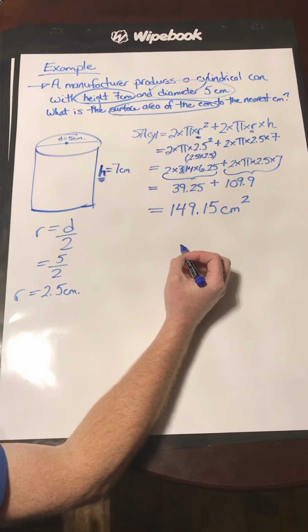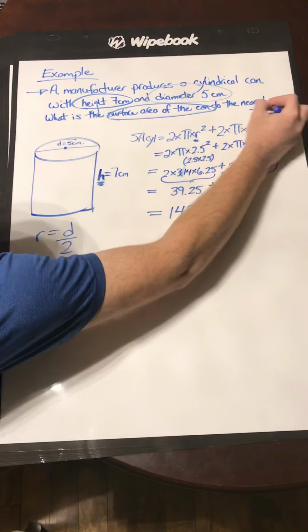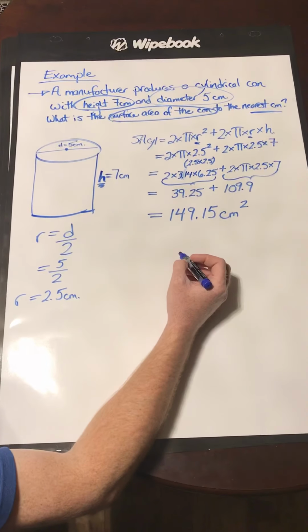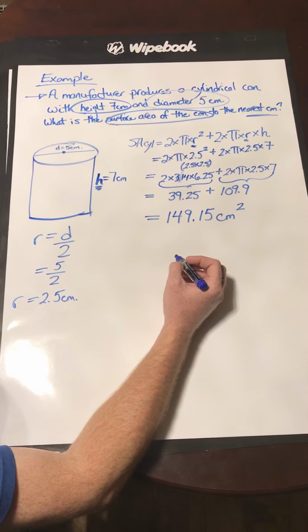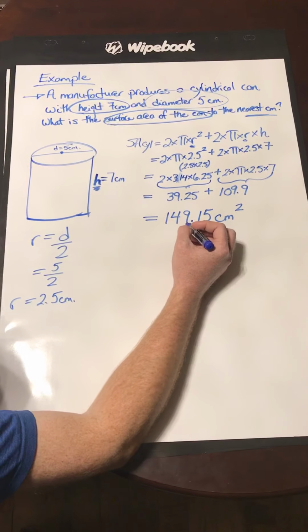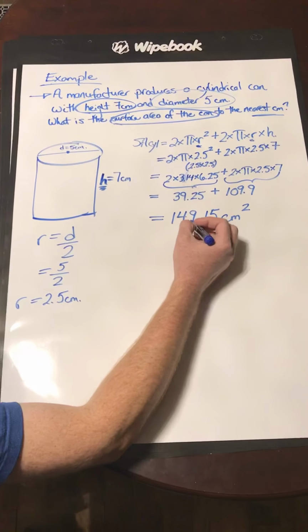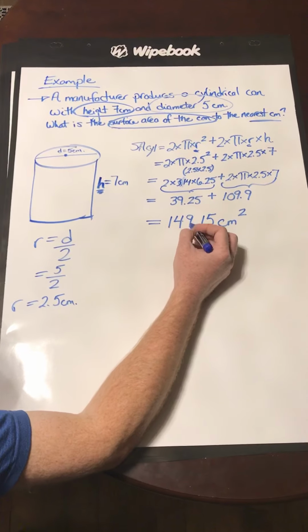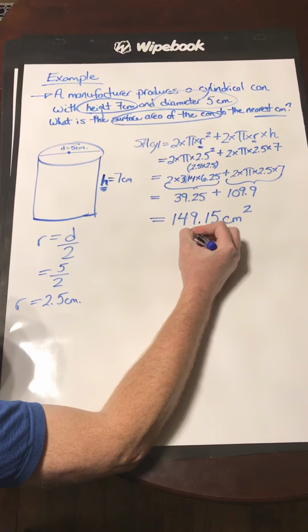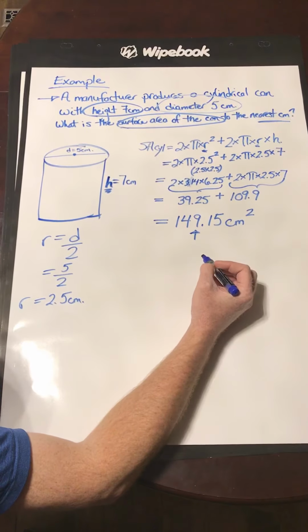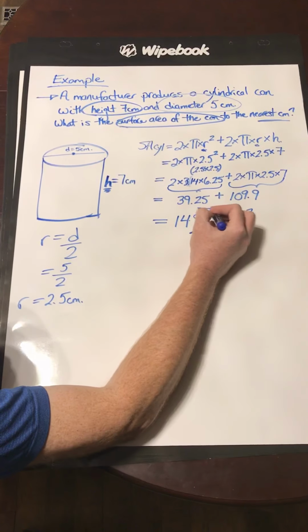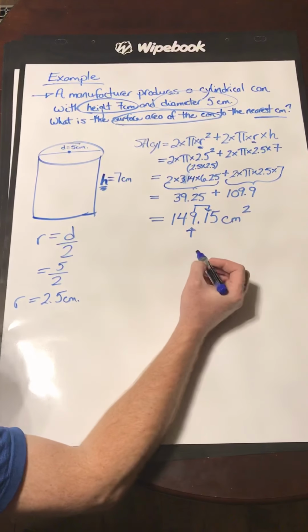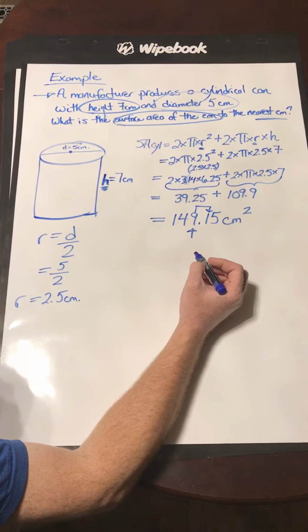Now the question asks to the nearest centimeter, so we got to use our rounding skills again. We were working on these to make sure everybody's got good rounding skills. So what am I rounding to the nearest centimeter, which is in the ones column right here? So where do I need to look? I need to look into the next column over to the right, which is the tenths column.